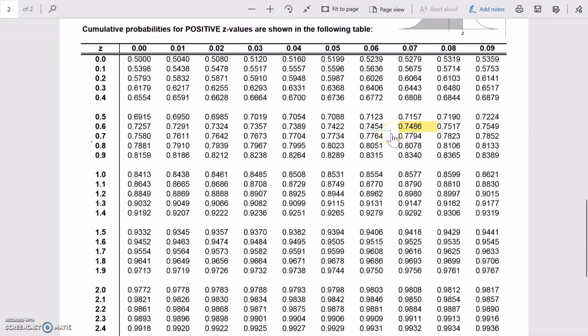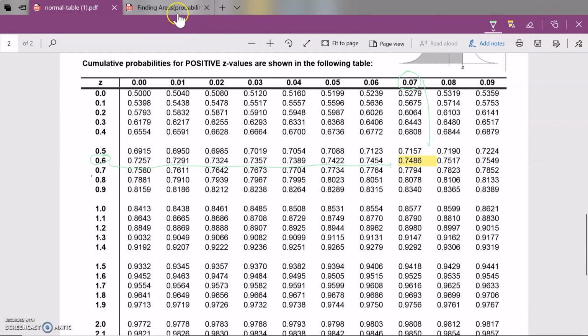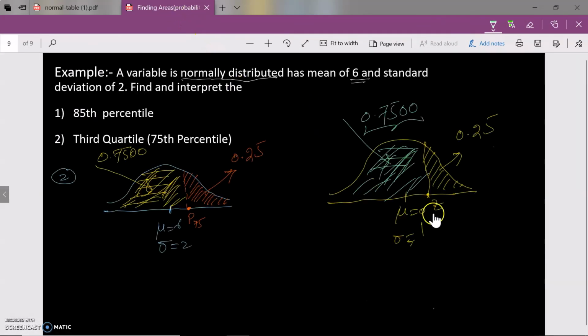Look at this value. This turns out to be 0.6 here, and from the top it turns out to be 7. So the z-score comes out to be 0.67.